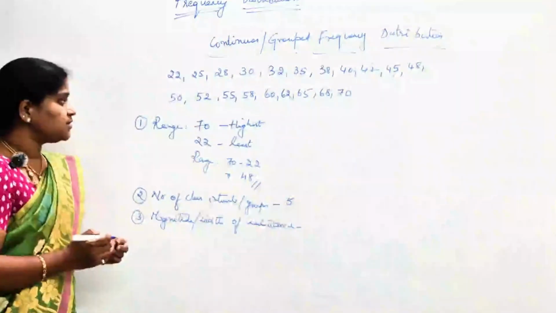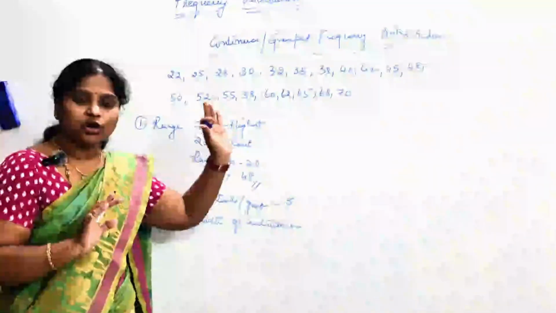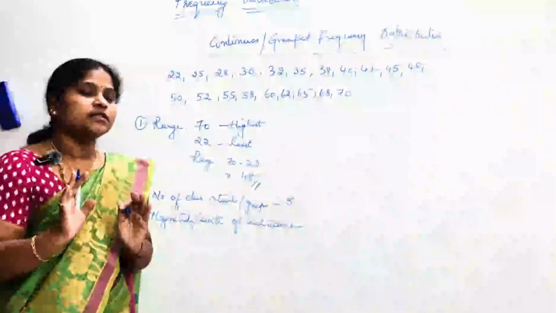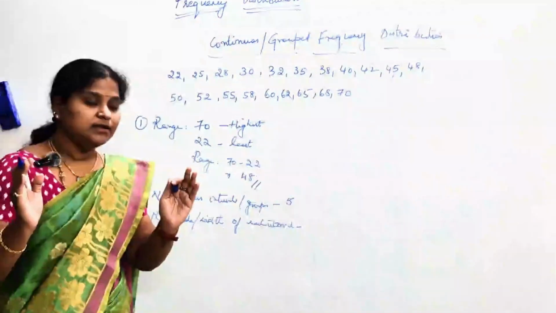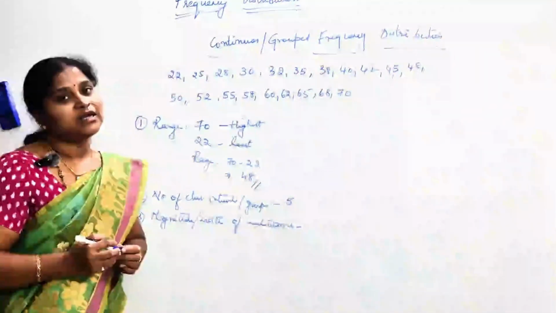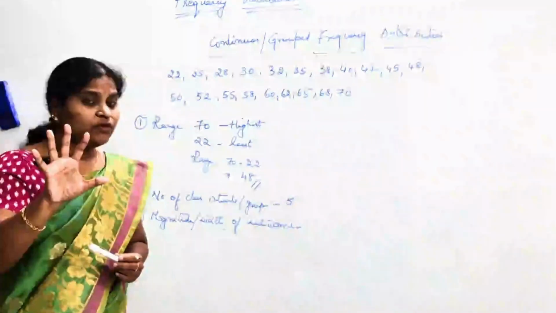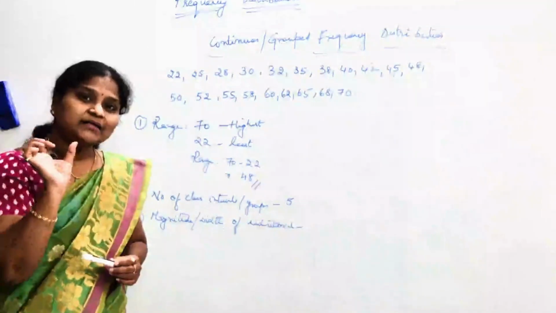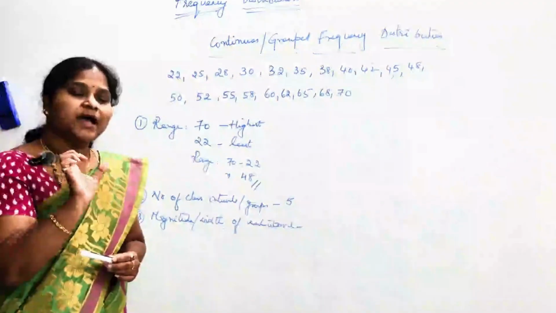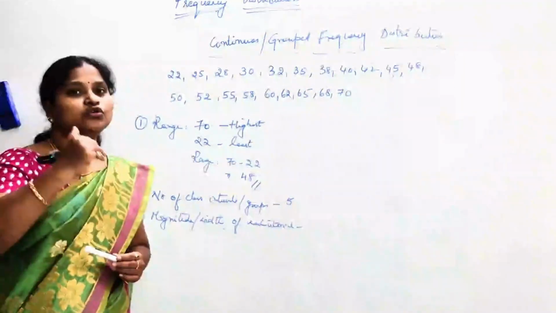Since the data is arranged in chronological or increasing order, we found the range of that particular data. Then we have seen that the number of class intervals may be 5. Now we need to see the size or the width or the magnitude of each interval. The magnitude can be from 2 to 20.